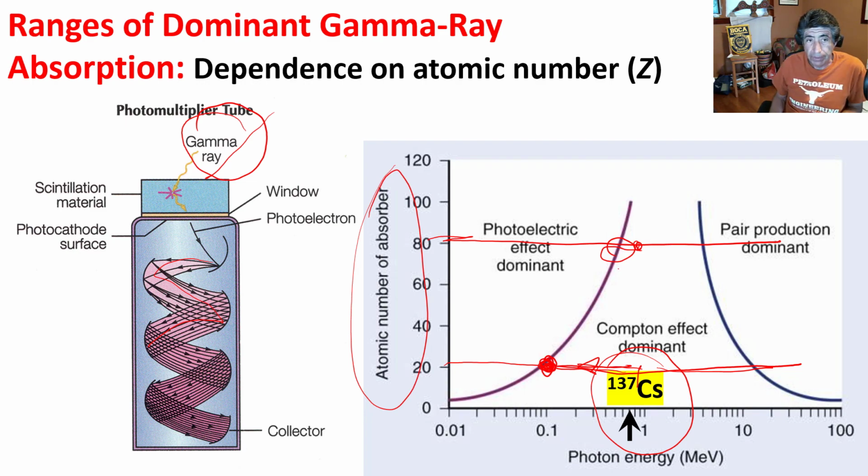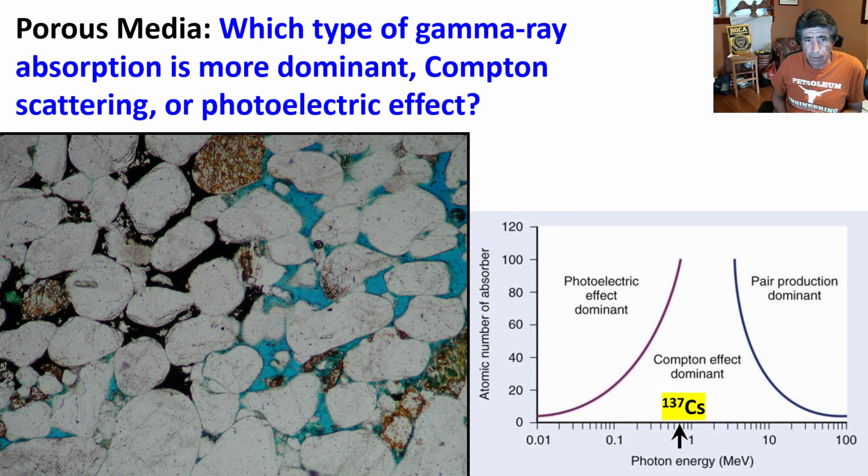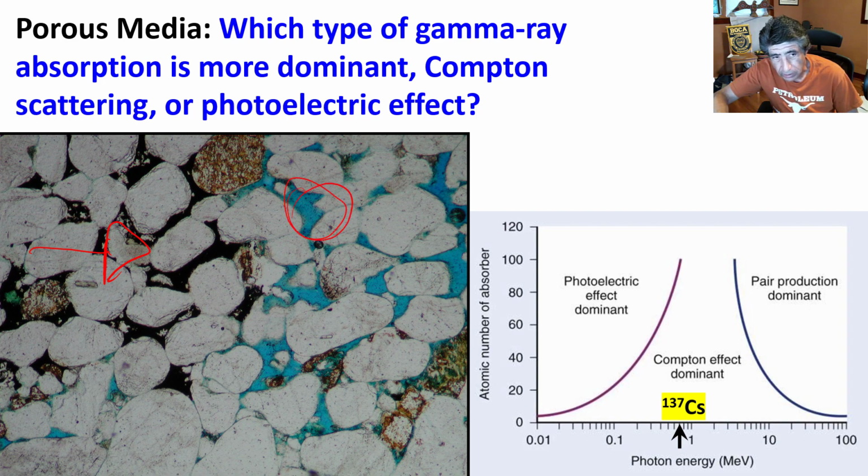Good. Now, when you have porous media and you have a gamma ray being sent to porous media like this, then of course some of the gamma rays are going to hit the solids, and some of them are going to hit the fluids. And that's actually the reason why we can measure the density.